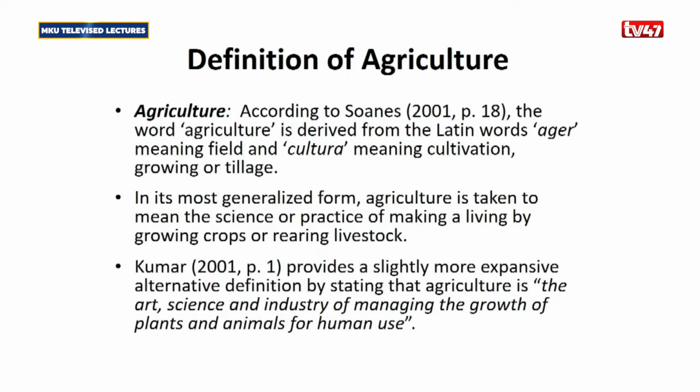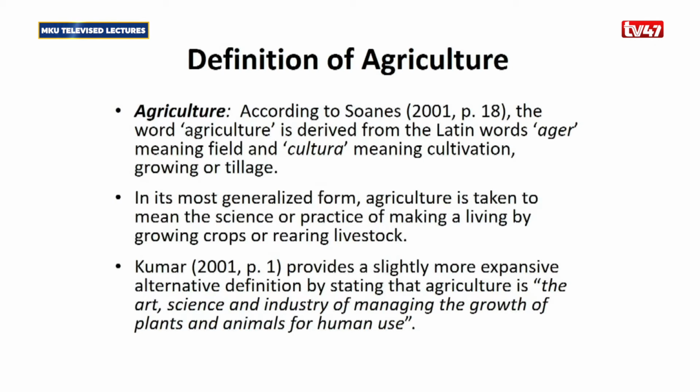Now, we are ready to define agriculture. According to Son, 2001, page 18, the term agriculture is derived from two Latin words. The first one is ager, which means a field or a piece of land, and cultura, which means cultivation, growing, or tillage.